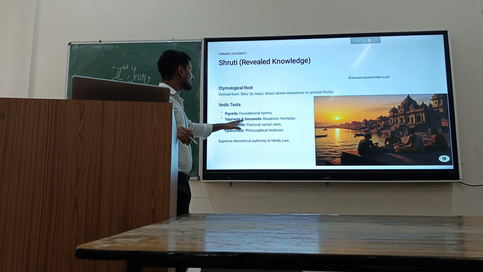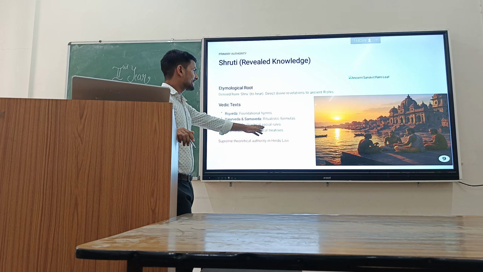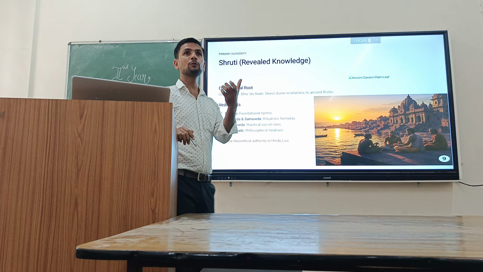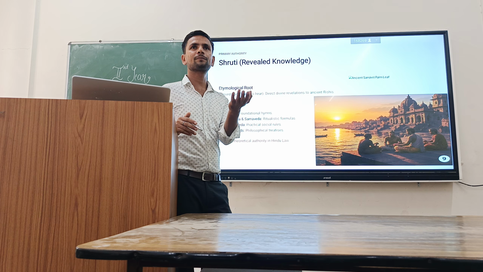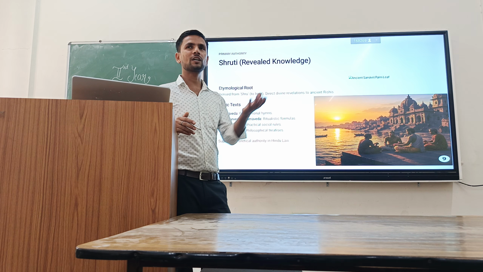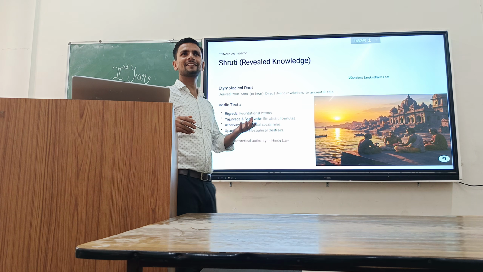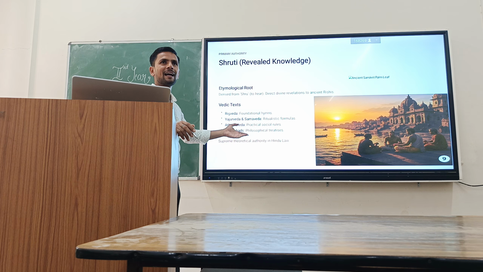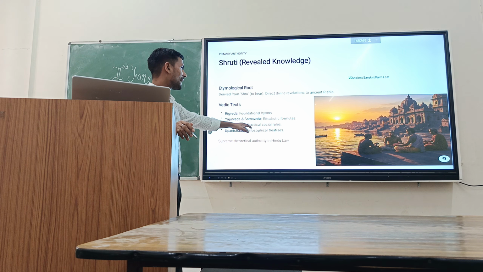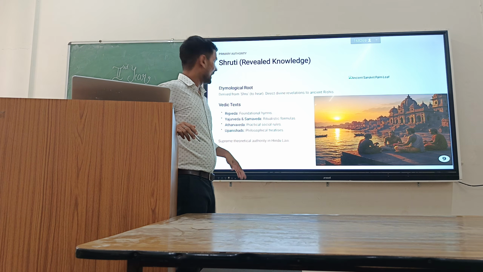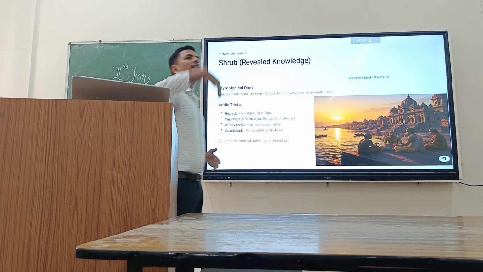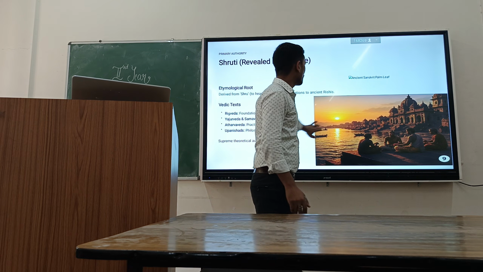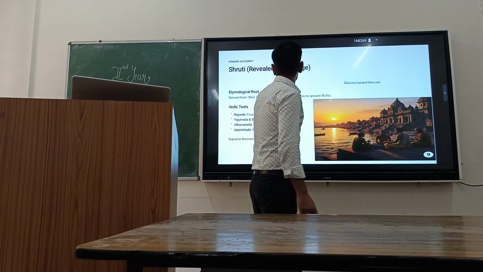In Yajur Veda and Samveda, ritualistic formulas and music are found. The Sangeet we have nowadays has been derived from Samveda: Sa Re Ga Ma Pa Dha Ni Sa. A lot of other things are also there in Samveda. Otherwise, practical social rules are there. The four Vedas are further sub-categorized.